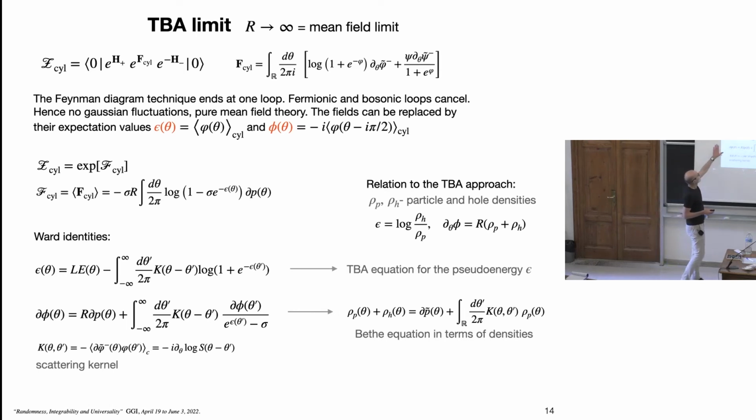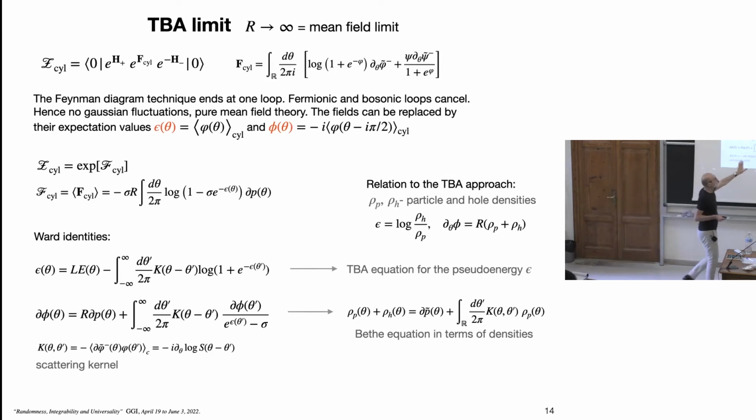So you can derive a simple Ward identity in this theory, which is the TBA equation for the pseudo energy, the expectation value of phi, and also another equation for the expectation value of phi tilde, which is this one. The integral is with the scattering kernel, which is the derivative of the two-point function.